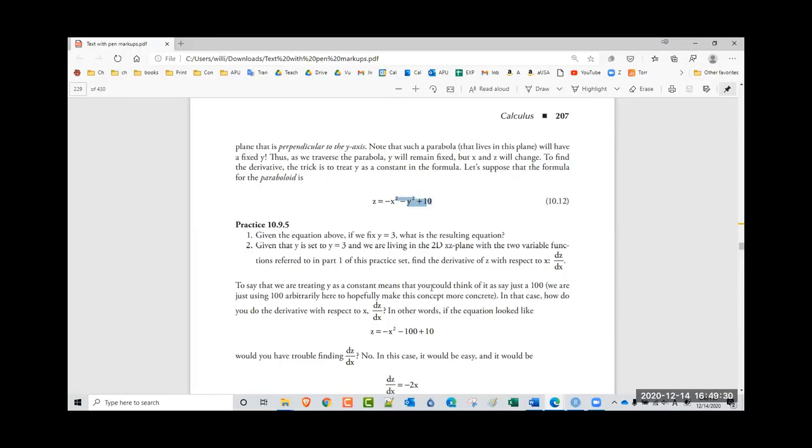Uh-oh. I made another mistake here. This is page 207. Y equals 10 or 100.